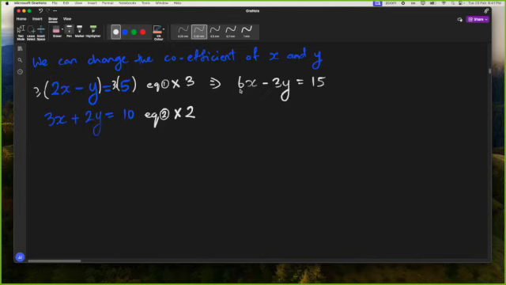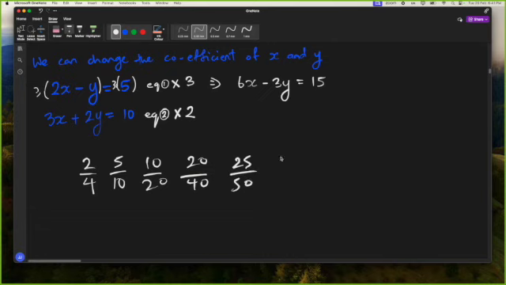So what I just did was find a bigger multiple of the equation. It's still the same equation. It's kind of like you have 2 over 4, or 5 over 10, or 10 over 20, or 20 over 40, or even 25 over 50, or even 100 over 200.